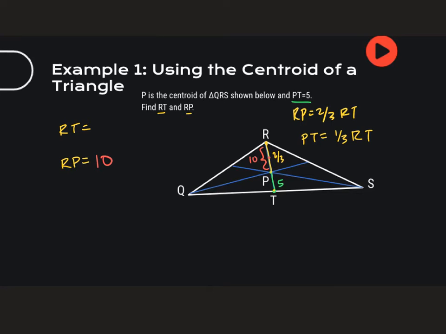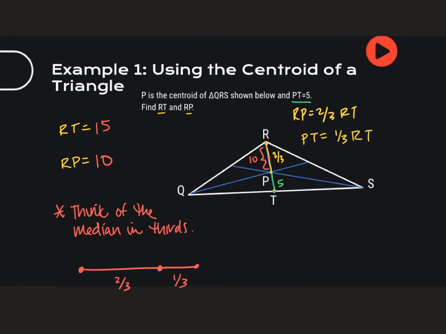Then in order to get the whole distance RT, we need to just add 10 plus 5, which is 15. So always think of the median in thirds. I've kind of drawn a little sketch here.